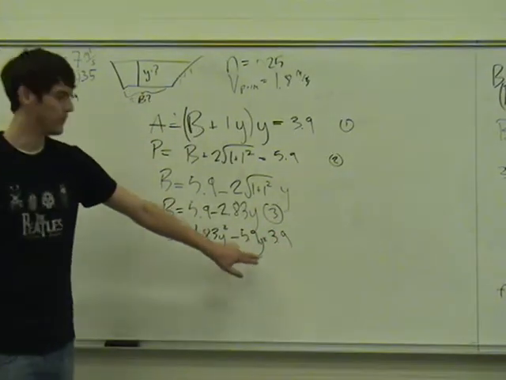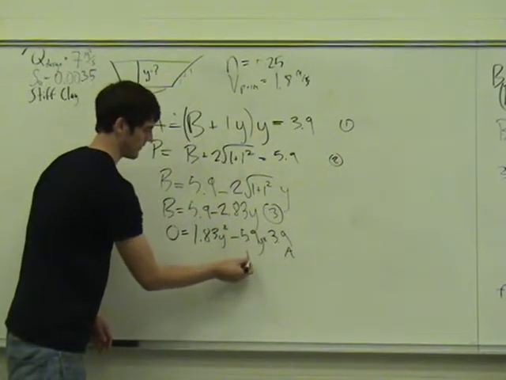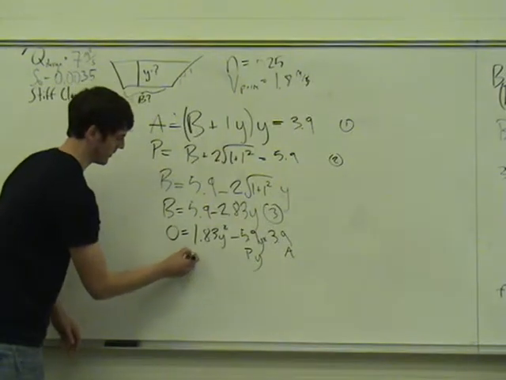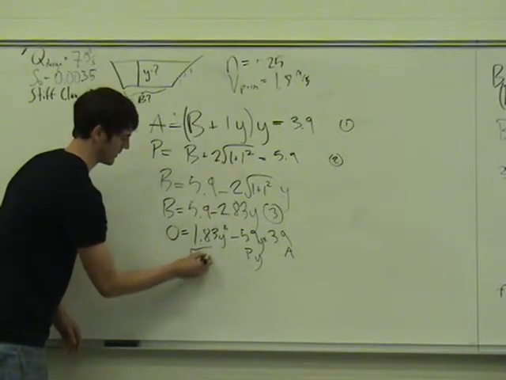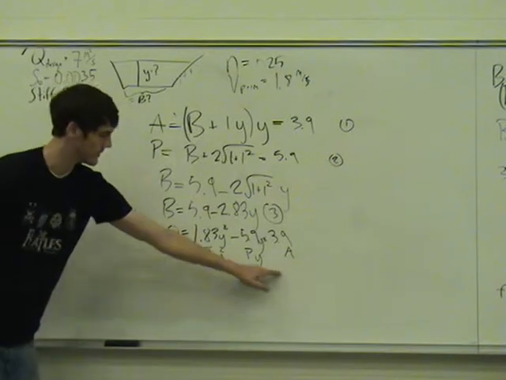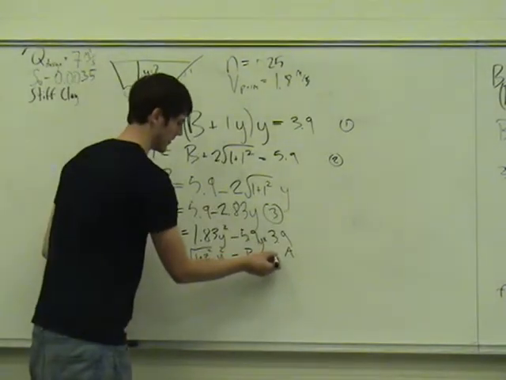Now something that's kind of cool about this, you look here, 3.9 was our area value, 5.9 was our p value, and then 1.83 was our square root of 1 plus z squared. It's always going to be in this form. And so if you remember that, it'll make this a lot easier.